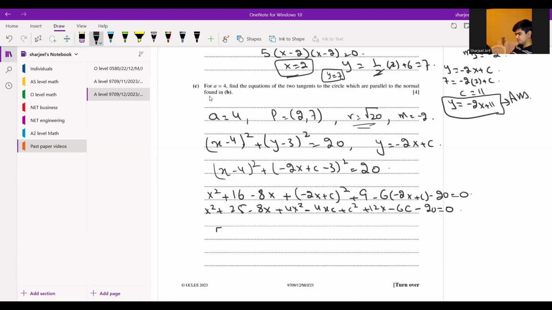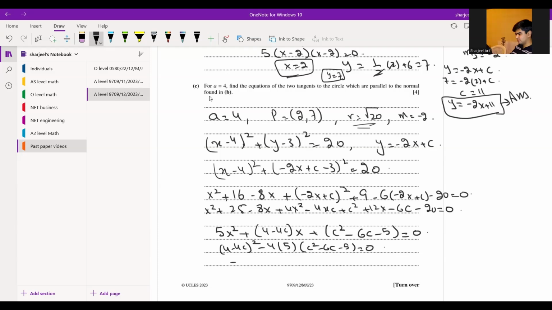So further simplifying it to get 5x squared plus (4 - 4c)x plus c squared minus 6c minus 5 equals 0. We will apply the discriminant method here. This will become (4 - 4c) whole squared minus 4 into 5 into (c squared minus 6c minus 5) equals 0.